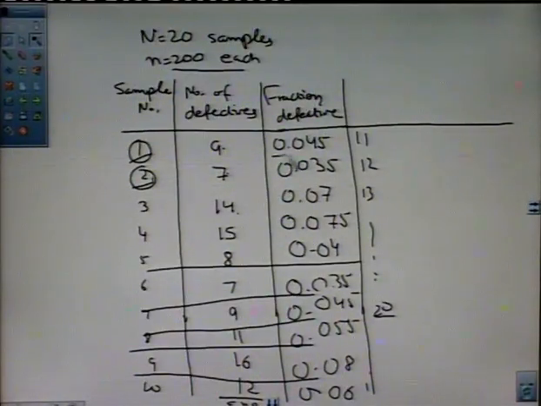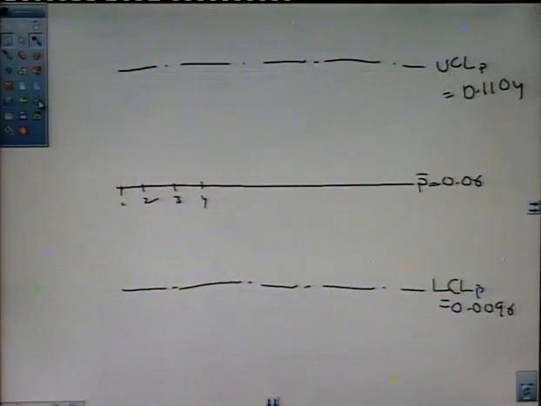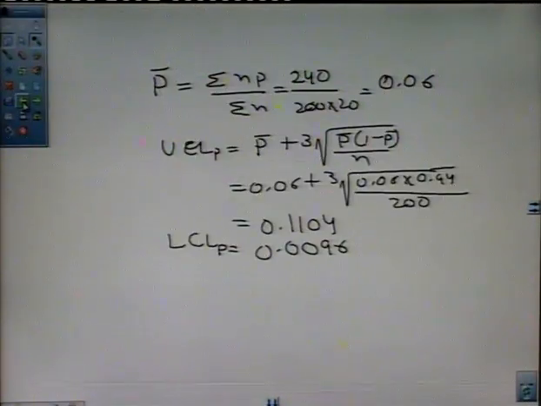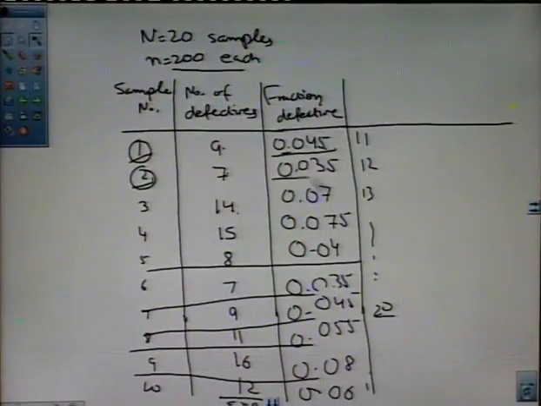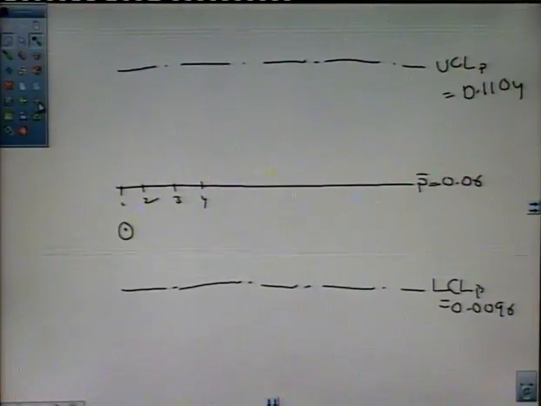So for the first sample P1 was 0.045, so 0.045 will lie somewhat here. For the second sample, the fraction defective was 0.035, so 0.035 will again lie somewhat here.